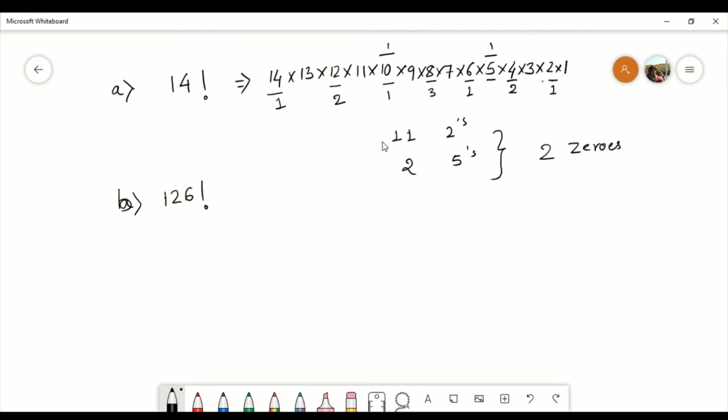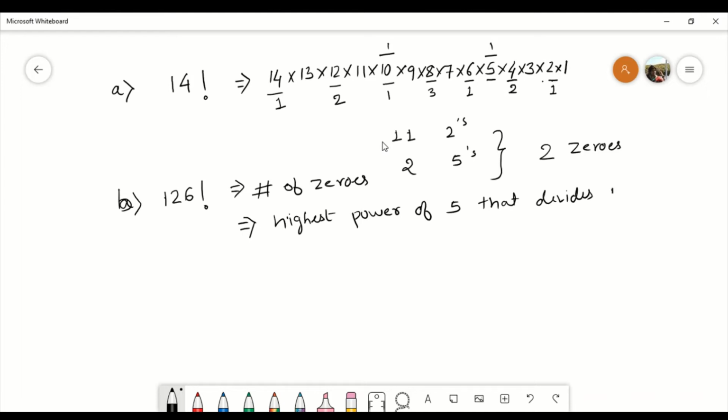So the question can be formed in various ways. Like the question can be: find the number of zeros, or the question can be: what is the highest power of 5 that divides 126 factorial, right?